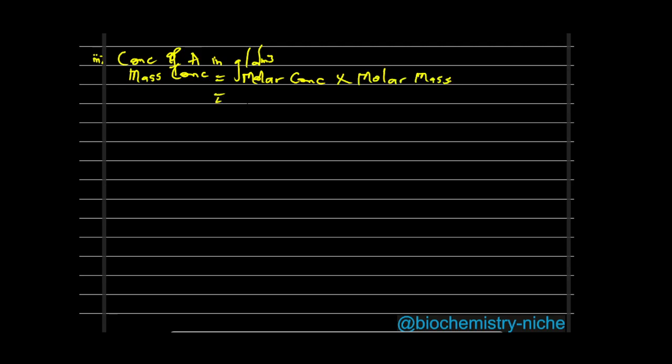So we have it to look like this: 0.0397, sorry, this is supposed to be 0.0397, times 98, which is the molar mass of our acid H2SO4. When we multiply 0.0397 times 98, we have 3.8906.